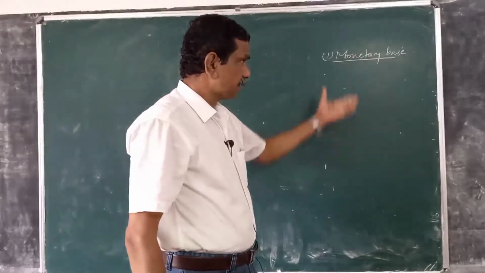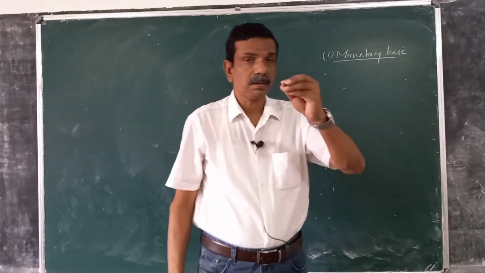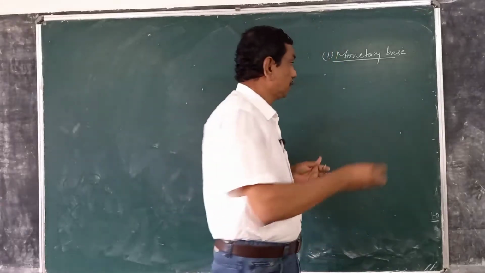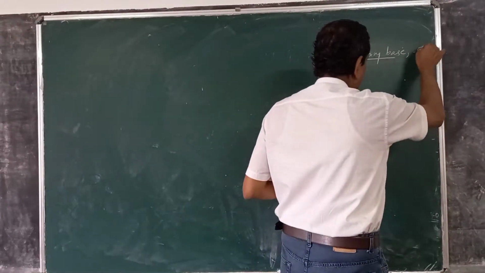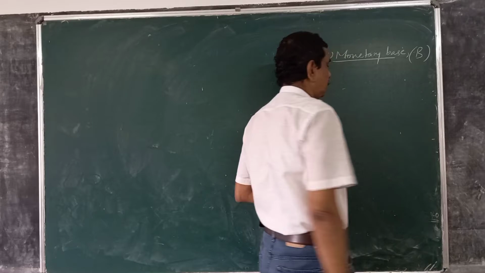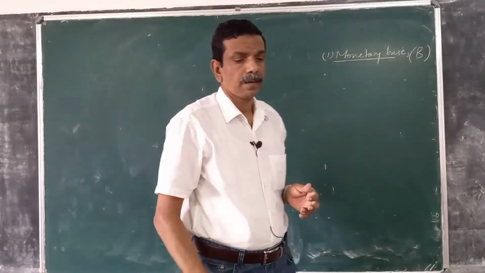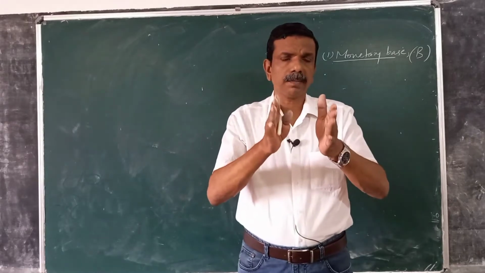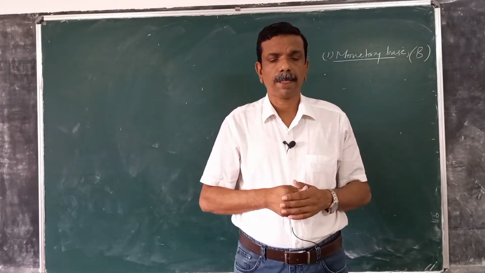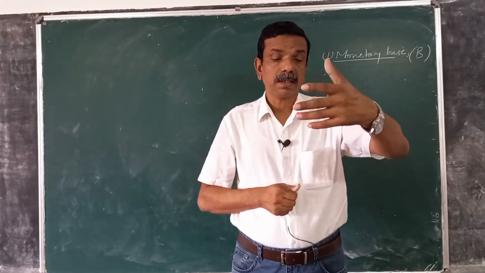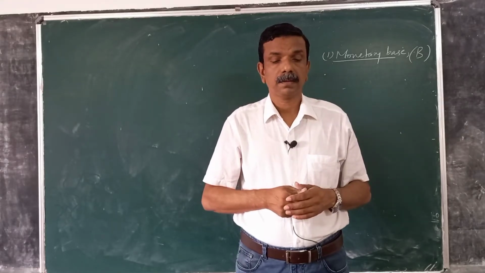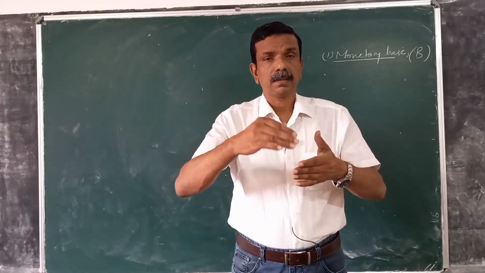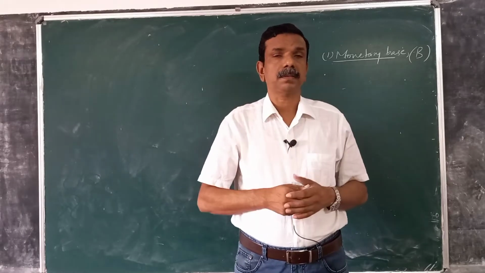The model of money supply has three exogenous variables. One is the monetary base. We denote it by B. Now this monetary base B consists of currency held by the public and currency held by the banks as reserves.